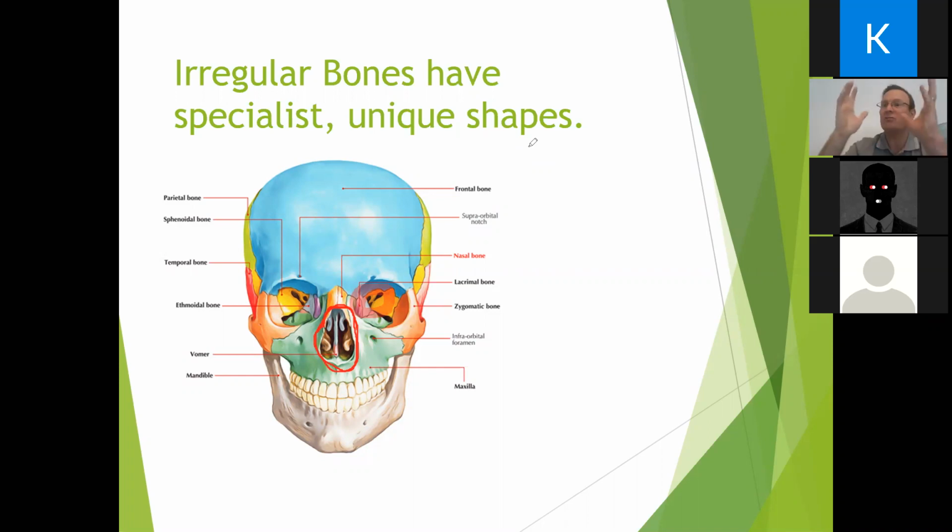Light changes stimulate nerves which take those signals all the way back into your brain. So to create all these little holes and cavities, you need very specialist, weirdly shaped bones. Our irregular bones are specialist, unique shapes, which aren't really repeated anywhere else in the body.